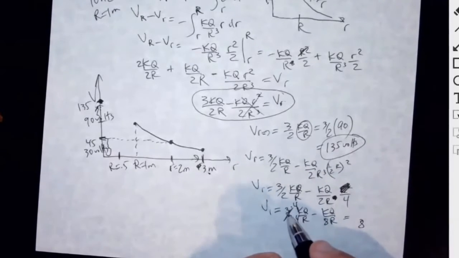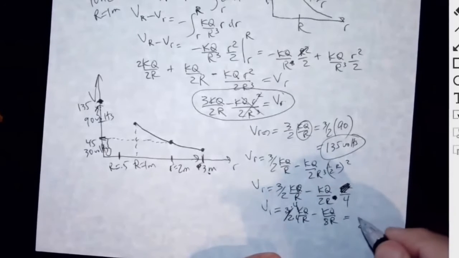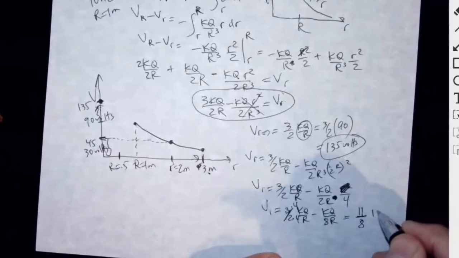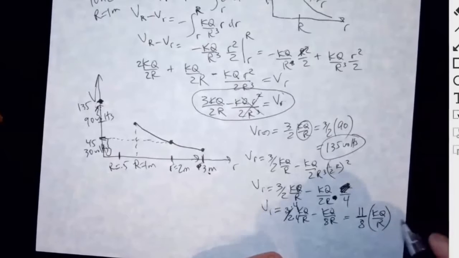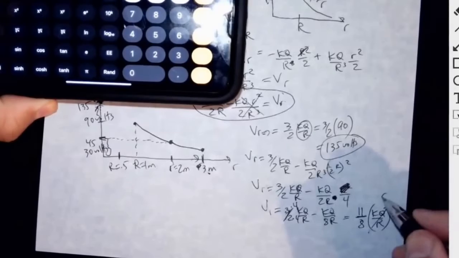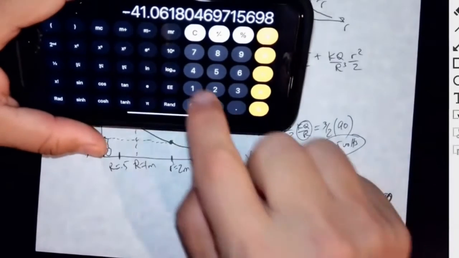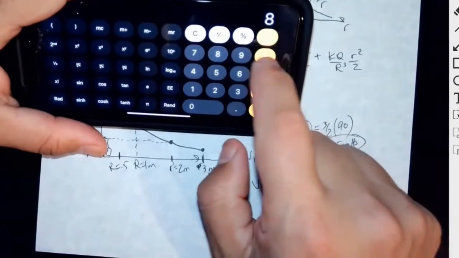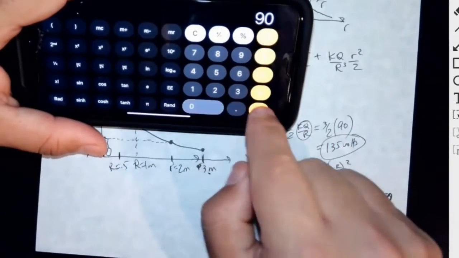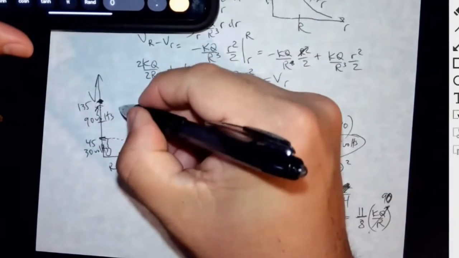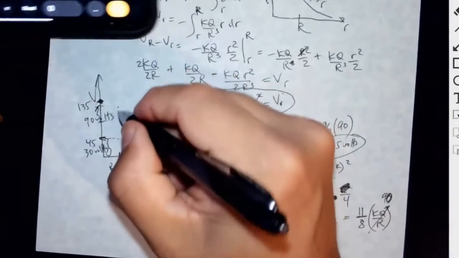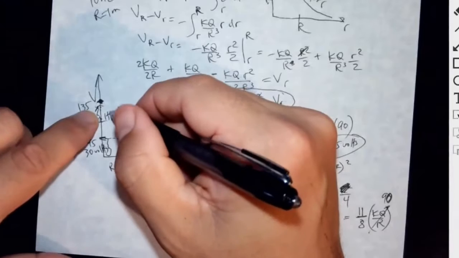And then 4 times 3 is 12, minus 1. It's going to be 11 kq over 8R. So it's more than 1, right? So what does that come out to? Well, in our case, kq over R was 90 volts. So 11 over 8 times 90. So 123. On the graph, it's closer to the 135.